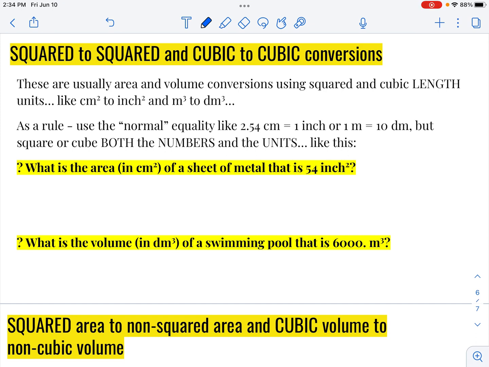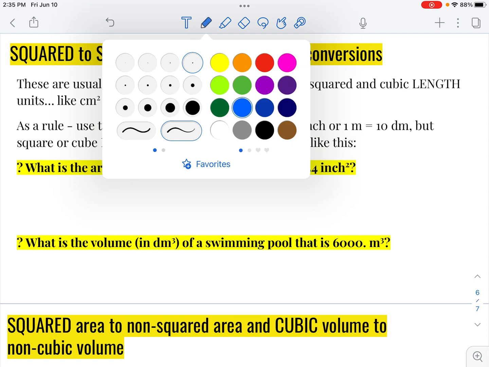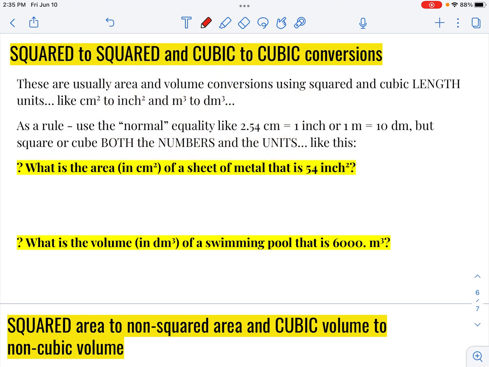We don't do area much in chemistry, but an area in squared length to an area in squared length. You're converting squared to squared or cubed to cubed. And so as a rule, you can use the normal equality, but you have to square or cube both the numbers and the units. So let's just do an example so you can kind of see what happens here.